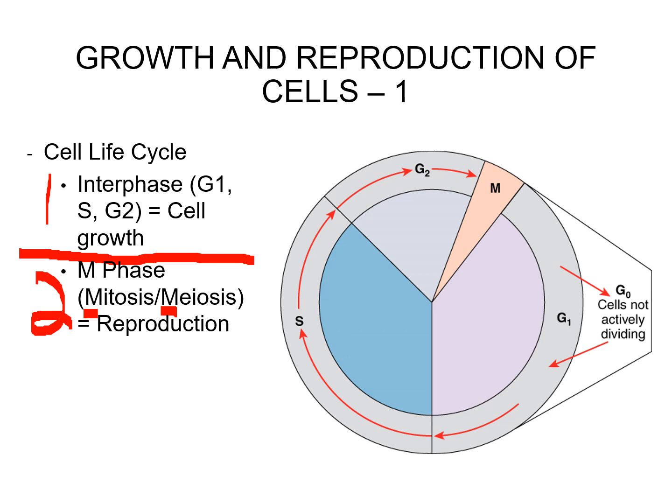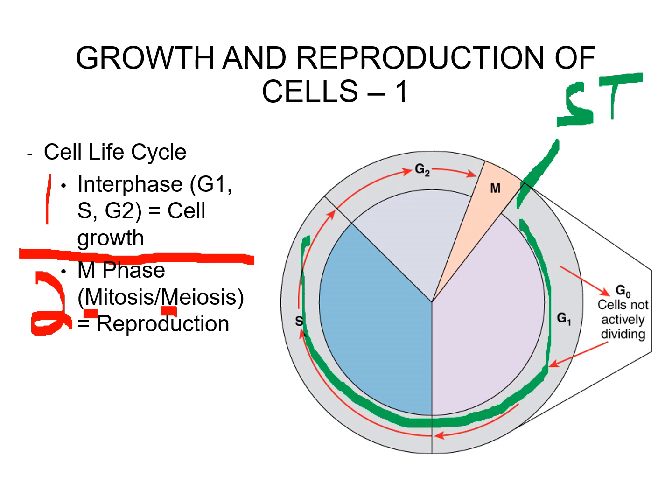So take a look at this illustration on the right, and what you'll see is this is kind of our starting point right here at 1 o'clock. I'll put ST for start. And as we are making new cells, all of this in green is interphase. So you can see the majority of a cell's life cycle is spent in interphase.